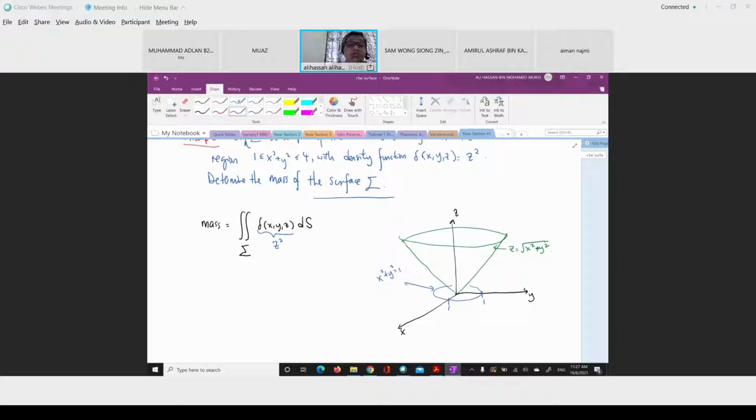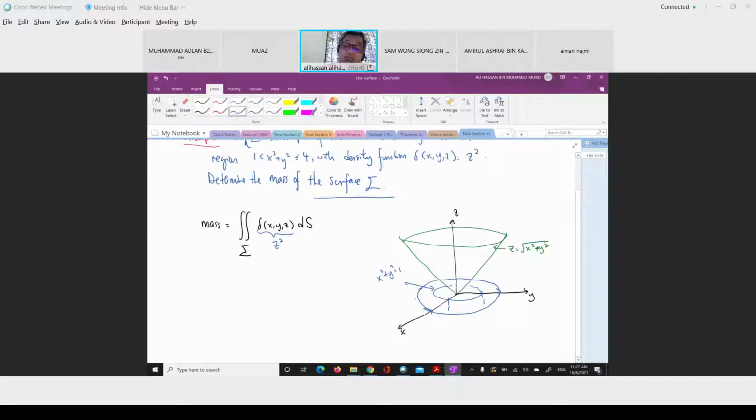Then we have another circle of bigger radius 2, since 4 is equal to 2 squared. It doesn't have to be very accurate.